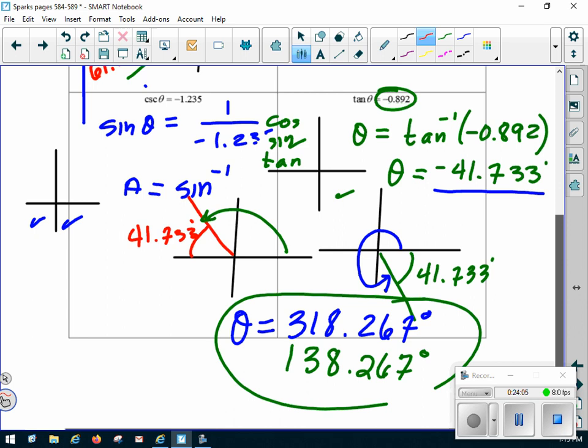In quadrant 2, cosine is the x value, and sine is the y value, but tangent is sine divided by cosine. So that's going to have to be negative there. So it's whatever quadrant sine and cosine have opposite signs. So will tangent always be negative? No, if you're in quadrant 1 or quadrant 3, sine and cosine have the same signs, so when you divide them, you'll get a positive.